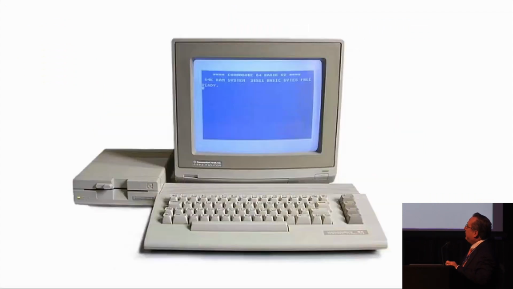So I bought one of these and taught myself the BASIC programming language and how to make things bounce around on the screen, and was thinking of it more as a diversion and a hobby than something that could become a career.